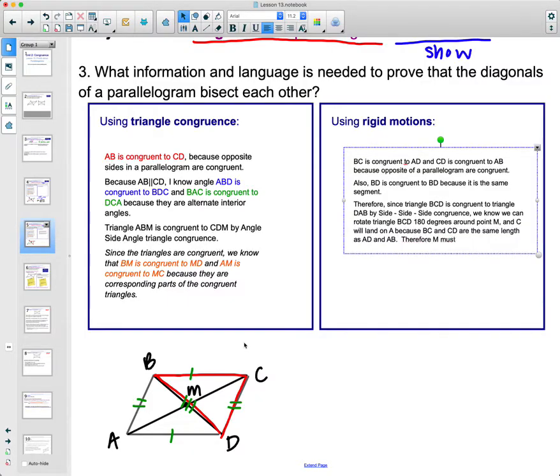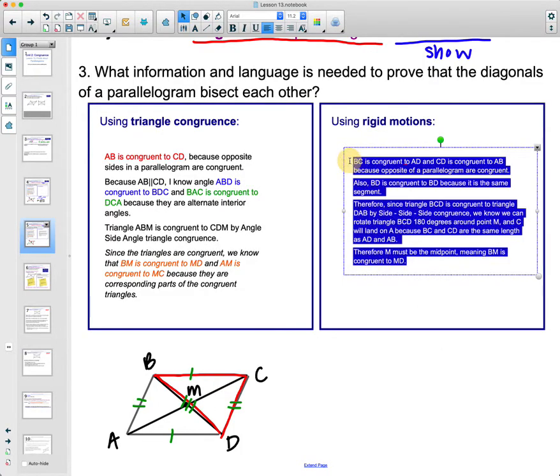Therefore, M must be the midpoint, meaning BM is congruent to MD. So proving those two triangles are congruent, you'll be able to rotate this around so that D will land on B, B will land on D, and then C would land on A.